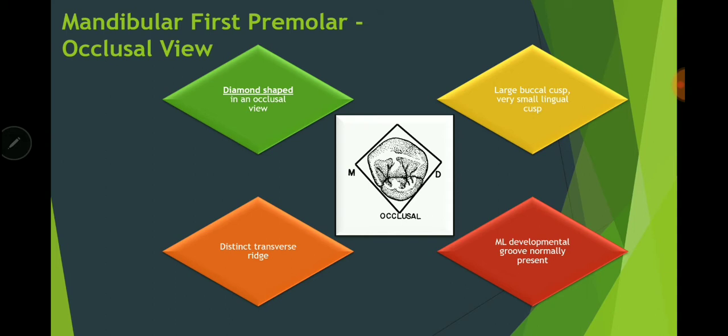That's another favorite question. Which tooth may resemble a canine? That's the mandibular first premolar. This is a very good board question tooth. Make sure you know it also because it's unique.